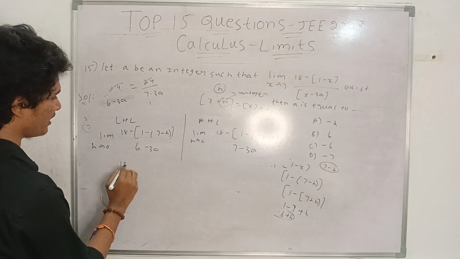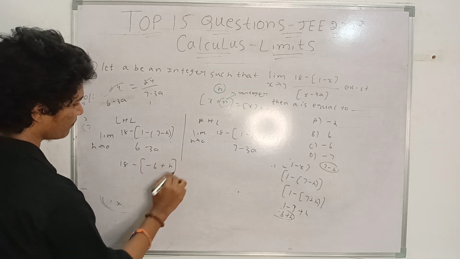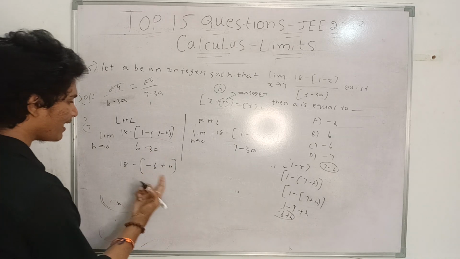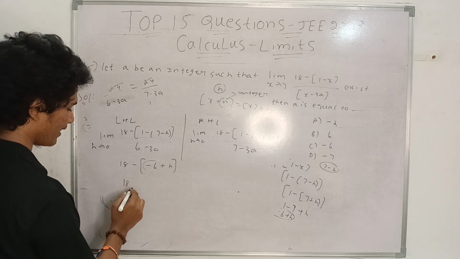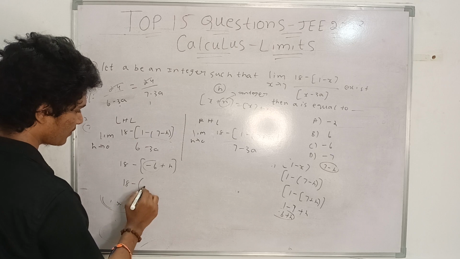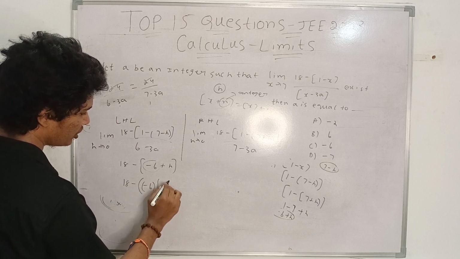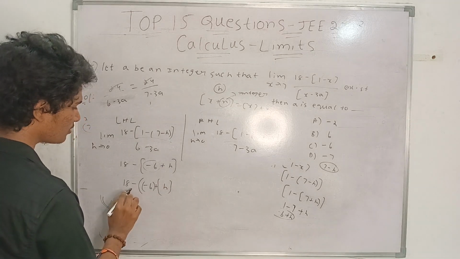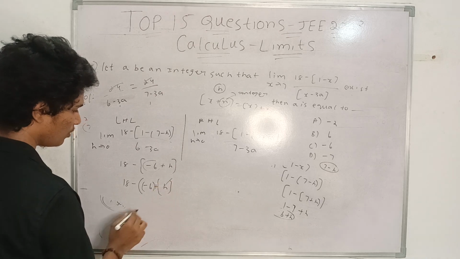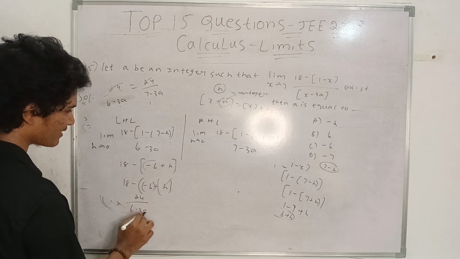So now I am doing this: 18 minus of minus 6 plus h. Here you can observe this minus 6 is an integer, so I can write it as minus of minus 6, plus h here. Here it is 0. When h is tending to 0, this thing is 24. 24 divided by 6 minus 3a, it is clear.